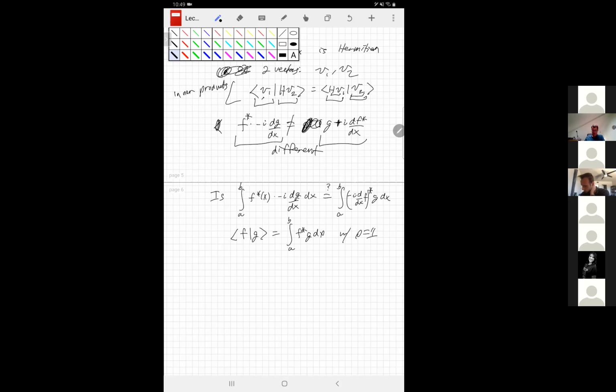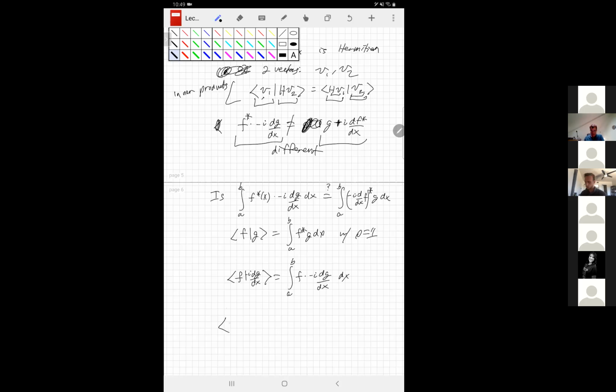The inner product of f with dg/dx is the integral of f times minus i dg/dx. Now, what if I had minus i times the derivative of f?